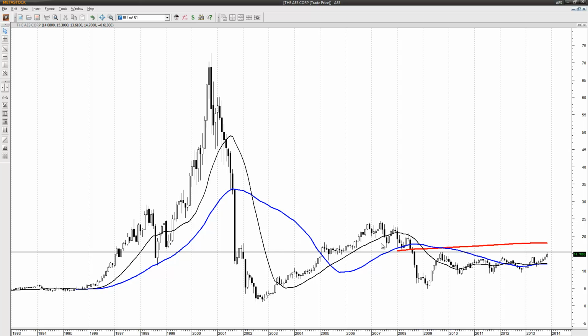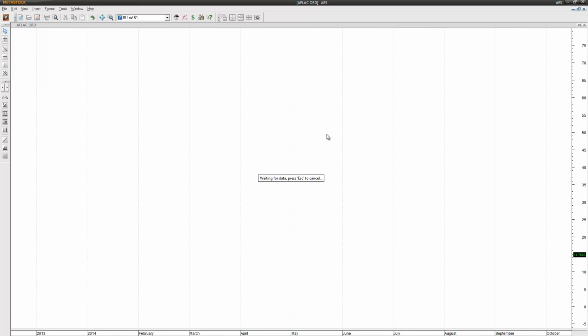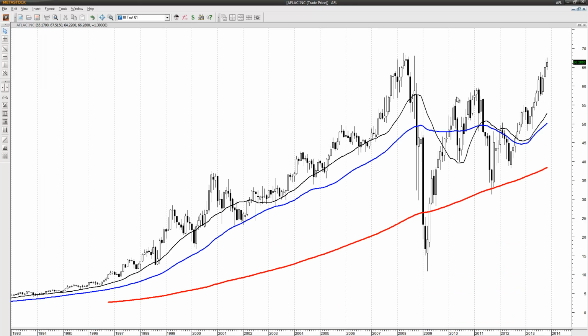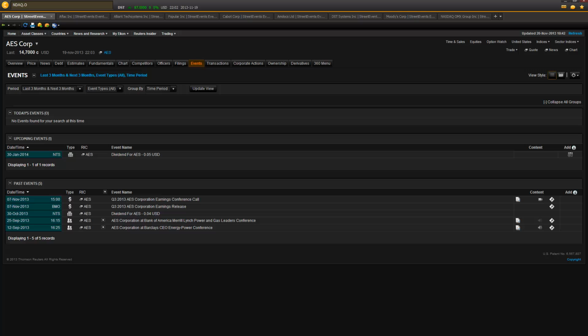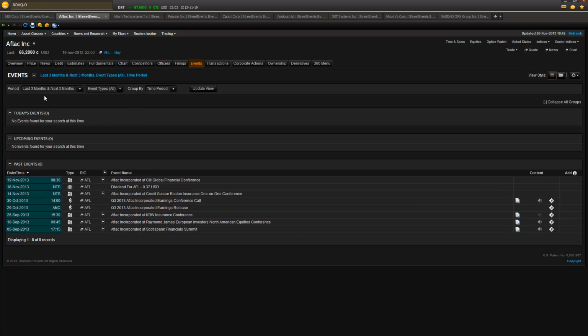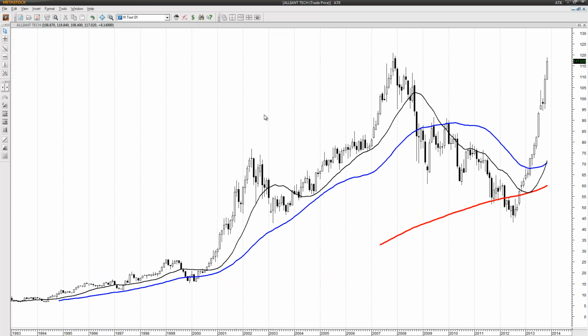Okay, take a look at the next chart. Aflac. Here you see a high peak from 2008, and the print is 68.81, and that's my short sell limit level. Aflac doesn't have any earnings coming up. Okay, next chart.